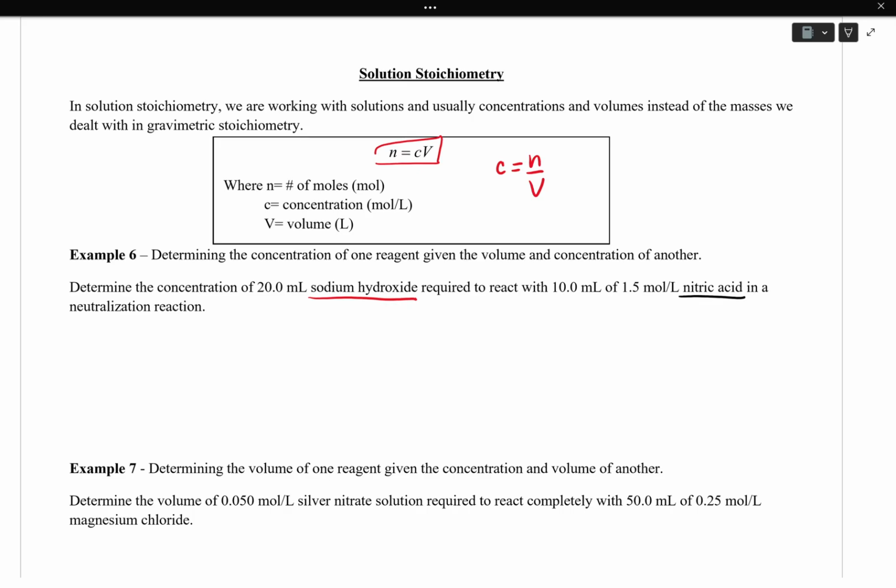So sodium hydroxide, sodium is Na+, hydroxide is OH negative, so we will have NaOH, and that will be aqueous, plus nitric acid, which is HNO3, and that is aqueous.